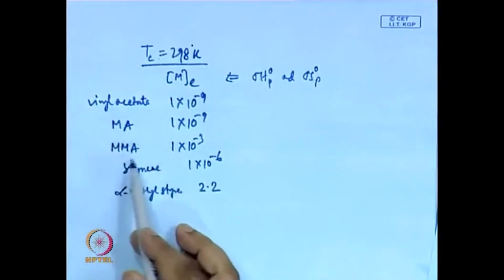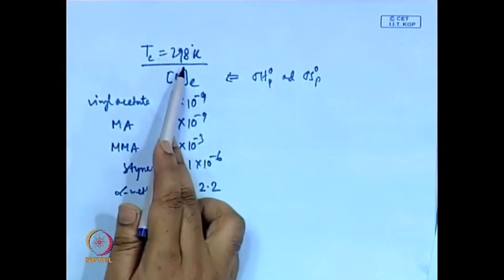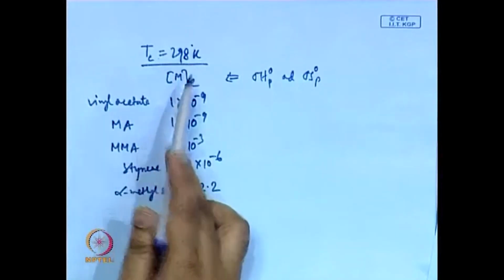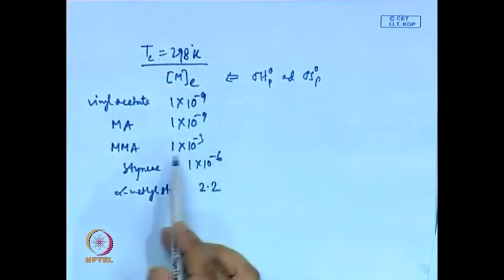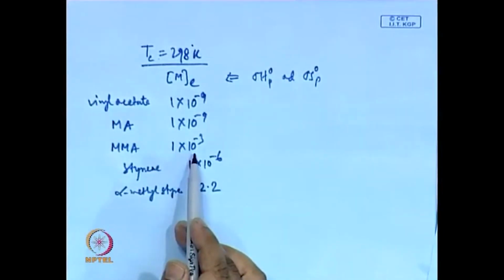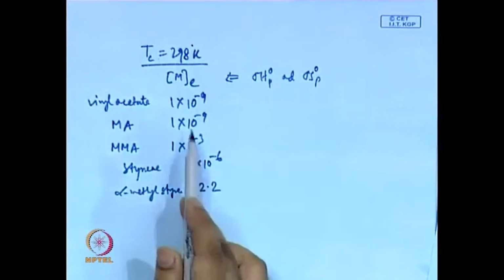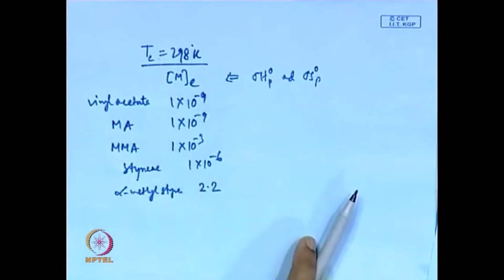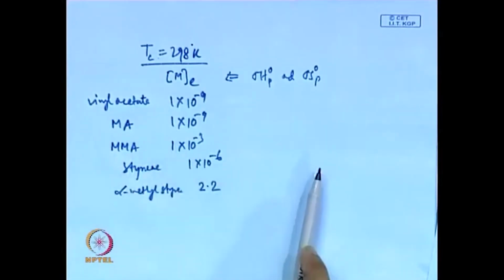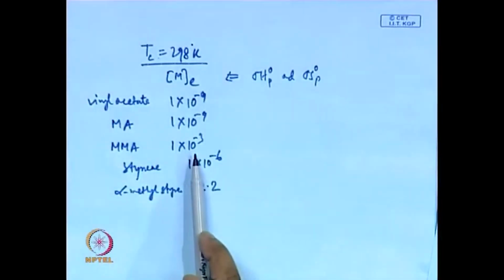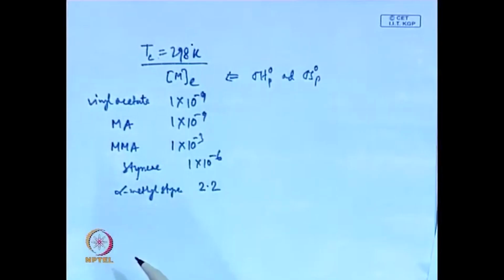So, if you start with pure methyl methacrylate and do the reaction at 298 K, 25 degree centigrade, then polymerization will proceed till the concentration of the free monomer becomes 10 to the power minus 3 moles per liter, which also means that you can never complete a reaction. You can never convert 100% of the methyl methacrylate to the polymer stage, because before that there will be a stage of equilibrium, where for any temperature the propagation step and depolymerization step are the same.